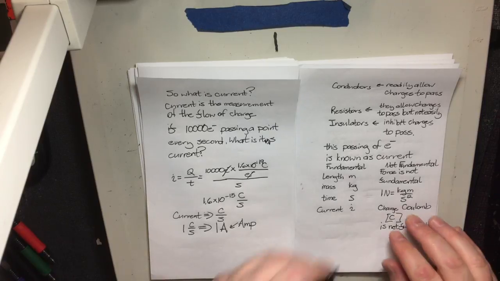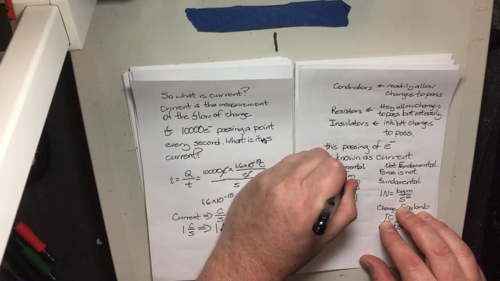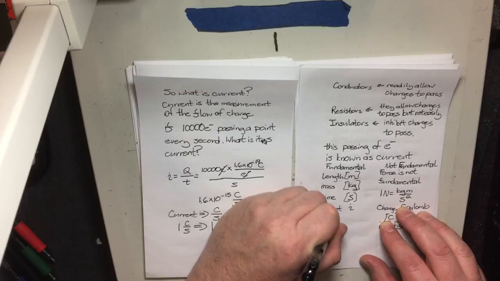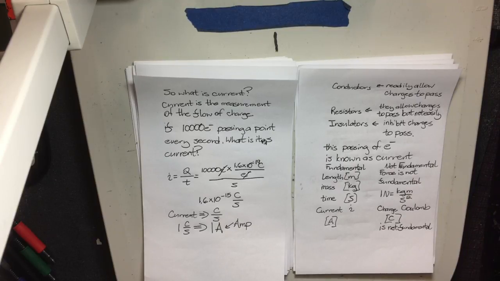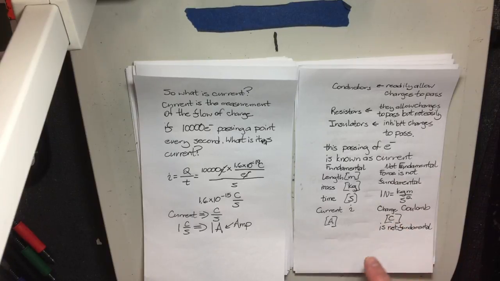The thing that bothers me is that you've just told me that an amp is a fundamental unit, which it is, and there's a reason why, but I'm going to present my rant first. A coulomb isn't.